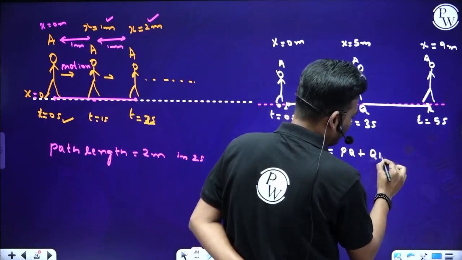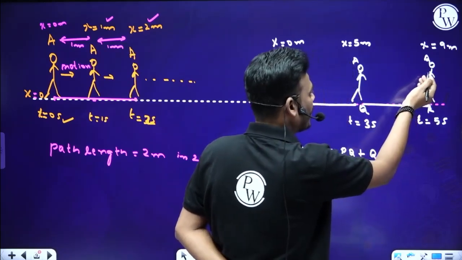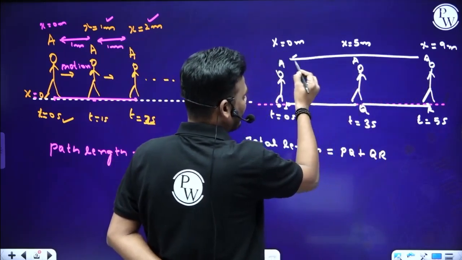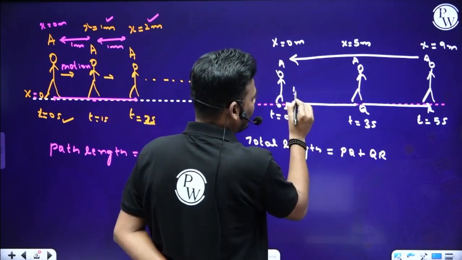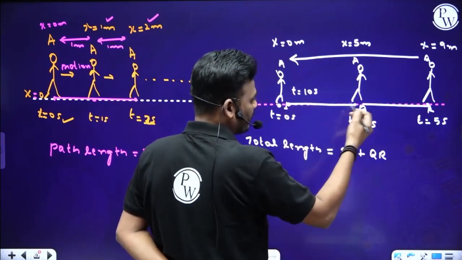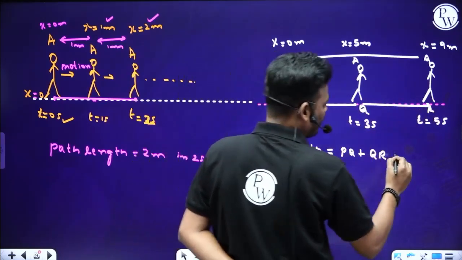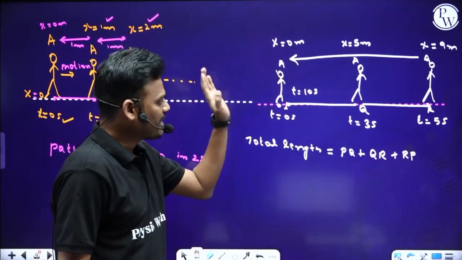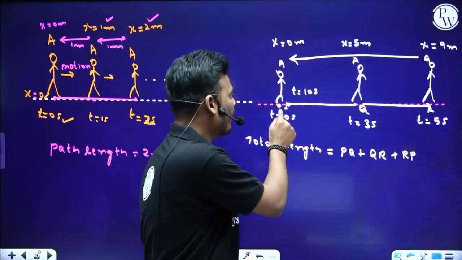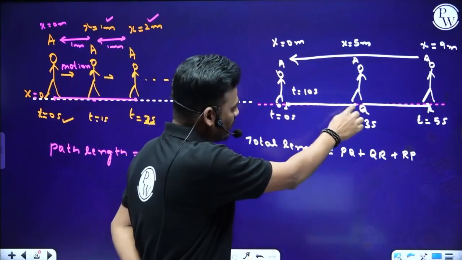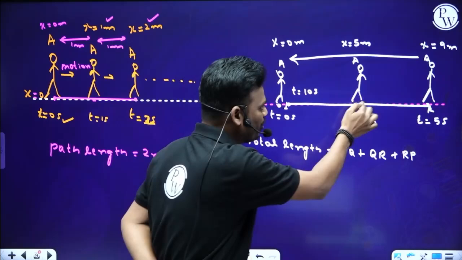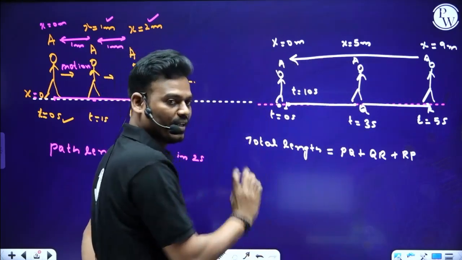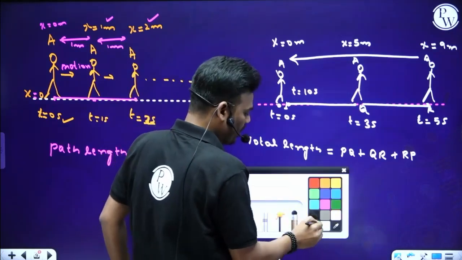What if the student has returned to his original position at t is equal to 10 seconds? Then R to P. The student started his journey at t is equal to 0 from point P and reached Q, then Q to R, then R directly to point P. Then what is the total length this student has traveled?